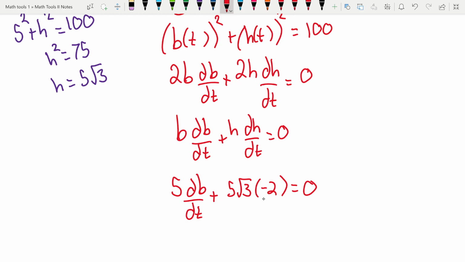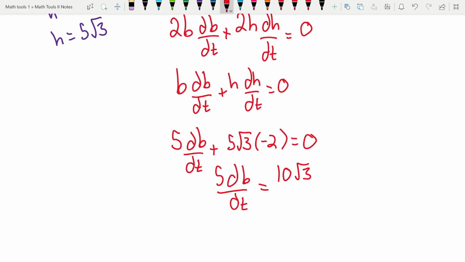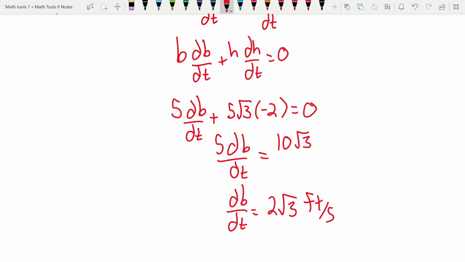So this is going to be -10 root 3. So we're going to get 5 db/dt equals 10 root 3. Divide both sides by 5. And finally we get db/dt is equal to 2 root 3. Right? And it's going to be in feet per second here if you want to put the units on there.